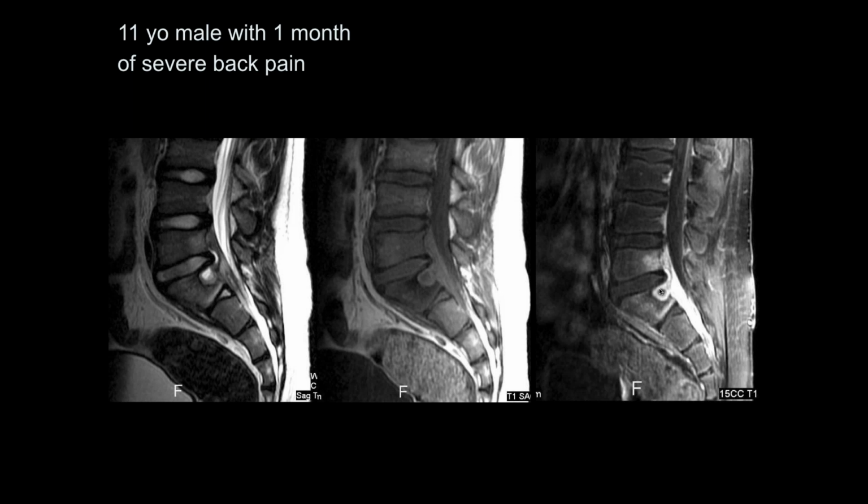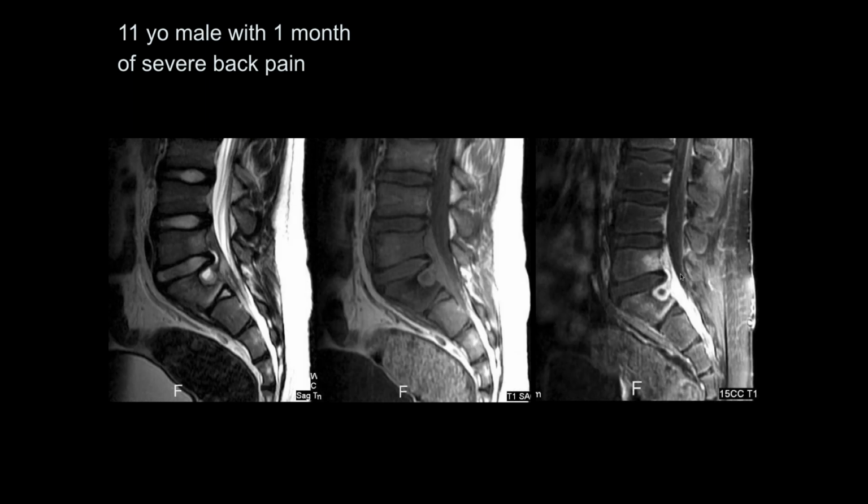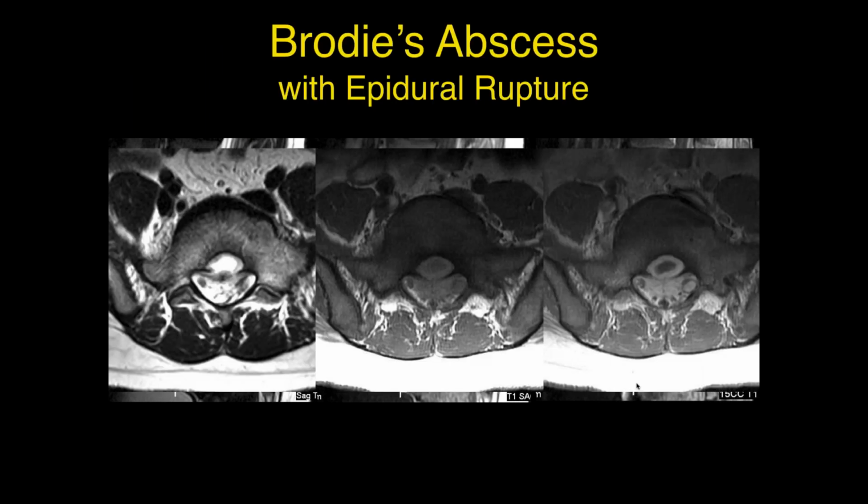Looks like a chronic abscess. Yeah, and that one on top maybe a little more acute. It's like a rim enhancing collection. It's actually all in this collection. Oh yeah, wow. Also enhancing. So that was a Brodie's abscess in the spine that decompressed into the epidural space.